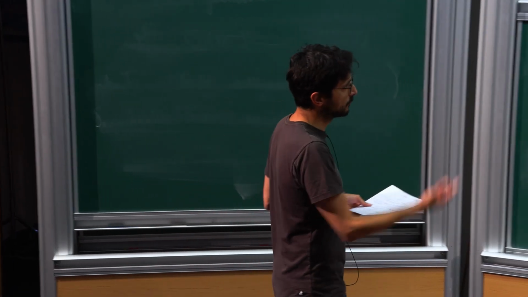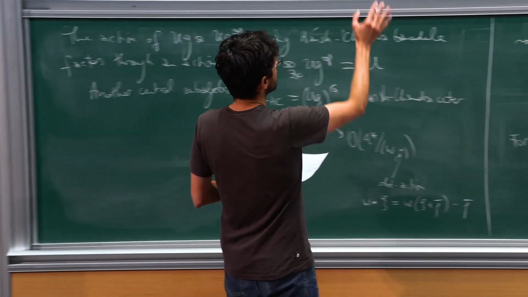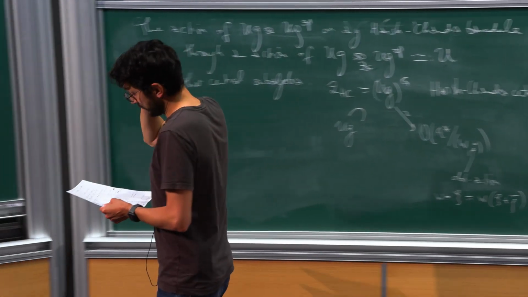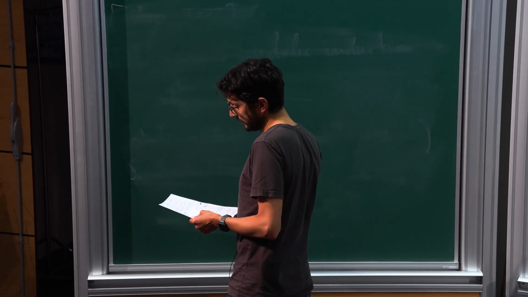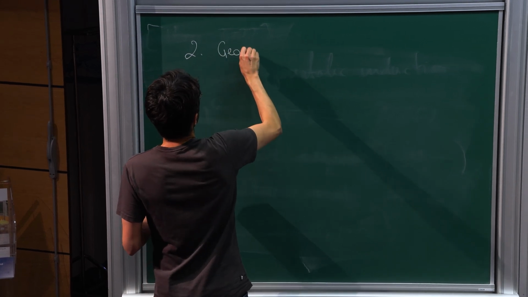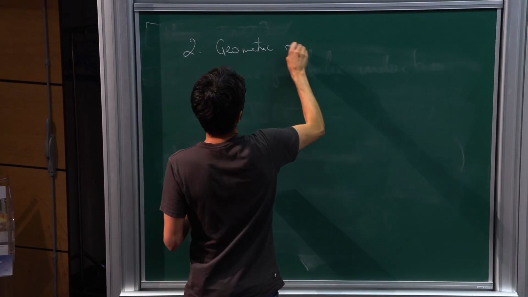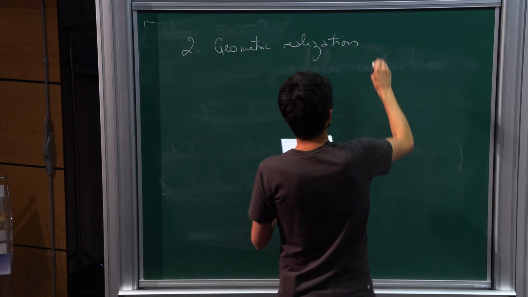So this is one reason why Roman Bezrukavnikov and I got interested in these Harish-Chandra bimodules, and the way we were able to say something about these objects was using geometry. And so I want to explain some geometric realizations of Harish-Chandra bimodules.